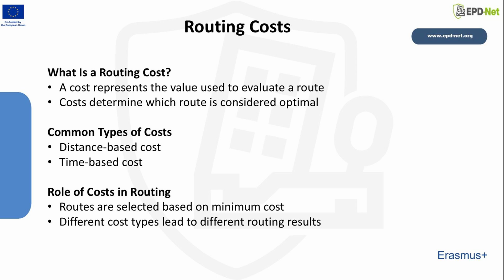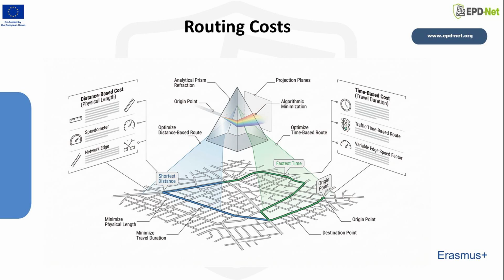Each cost type serves different operational objectives. Routing algorithms select routes by minimizing the chosen cost. Depending on whether distance or time is used as the primary cost, the resulting optimal route may differ. Understanding routing costs is essential for interpreting routing results and selecting appropriate optimization strategies.